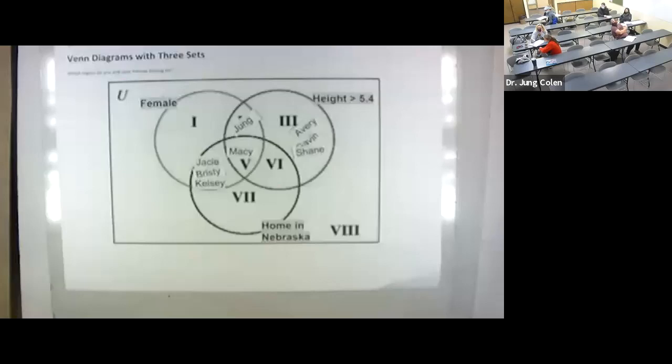So let's take a look at this part again. This and B, B is what? Avery, Gavin, Shane, John, and Macy, right? What is the and part? The intersecting part. Who are they? Who are involved here and there? The boys.